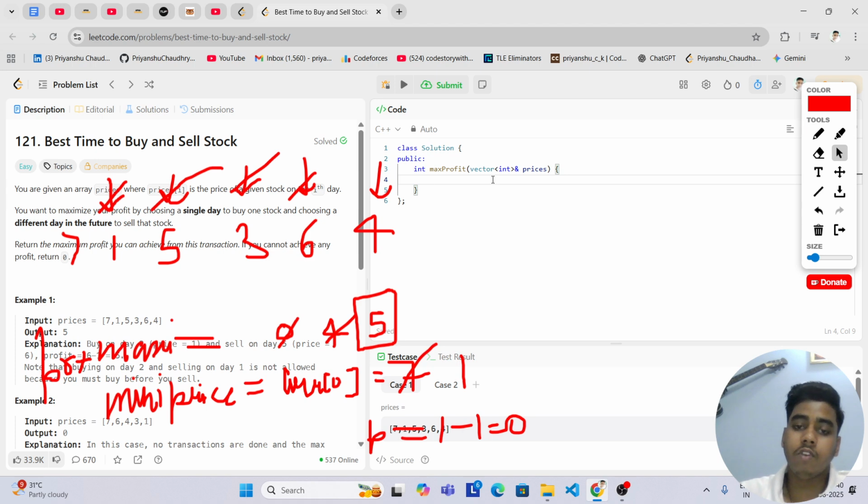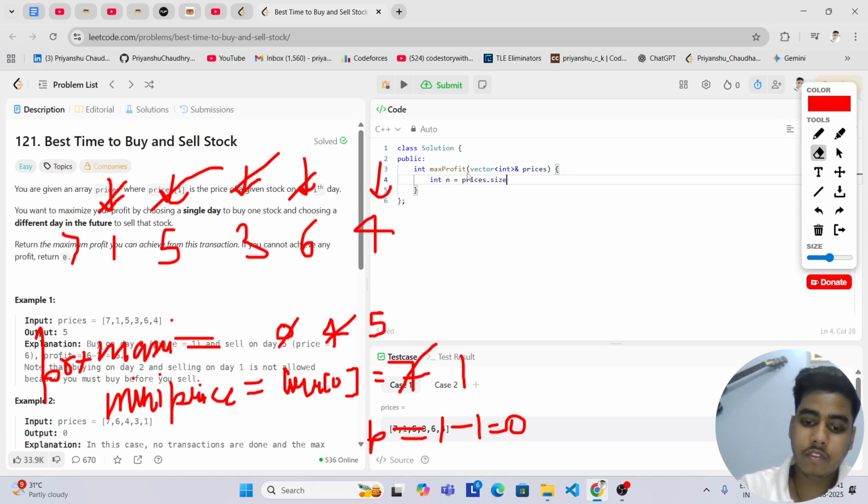The maximum profit found. So if I go to the implementation part, first of all I will say n is the size of the array.